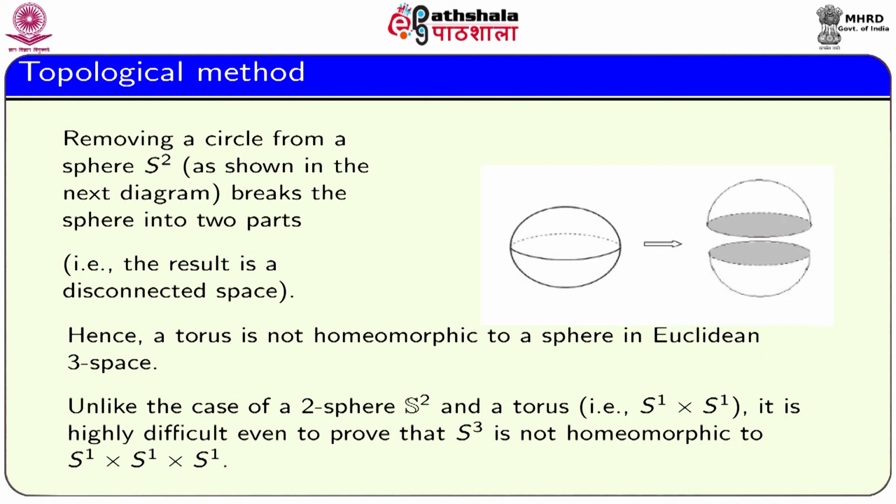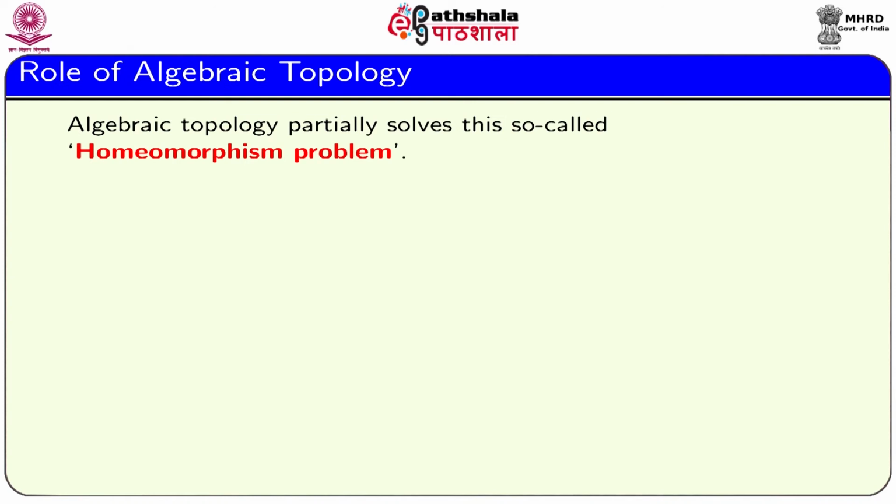So once again, topological methods are inadequate to solve this kind of problem, whether Sn and S1 cross S1 cross S1 up to n times are homeomorphic or not. Algebraic topology partially solves this so-called homeomorphism problem. Mind that I am saying it is partially solving the problem.